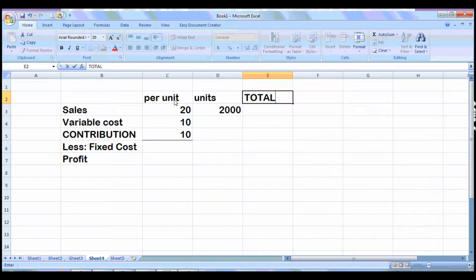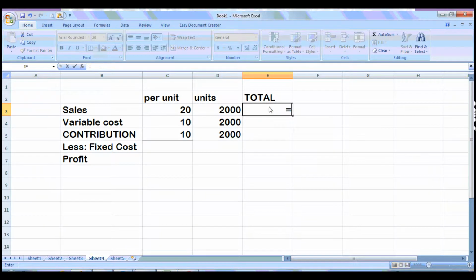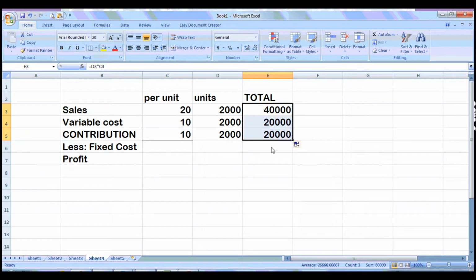Your total sales revenue is 40,000. Variable cost is 20,000. Contribution is 20,000. Fixed cost is not incurred on a per unit basis as it is a period cost. So we deduct fixed cost from the total contribution, and thus 10,000 becomes your profit. This, my friends, is called the marginal costing statement.